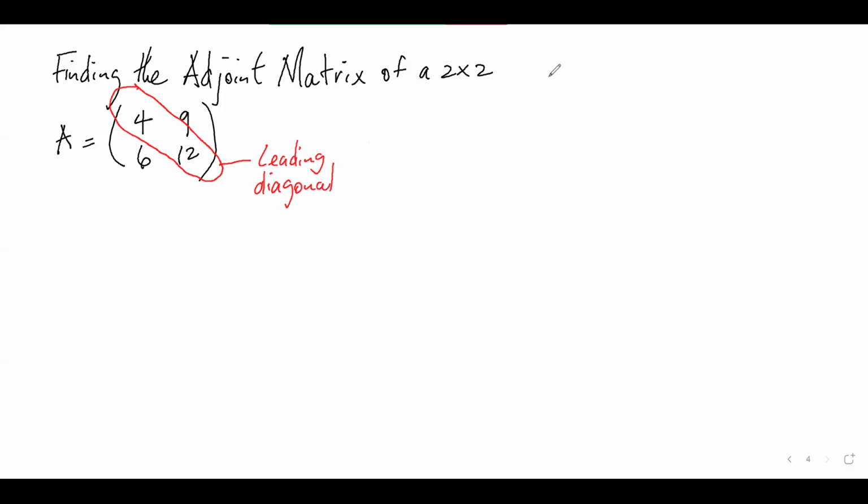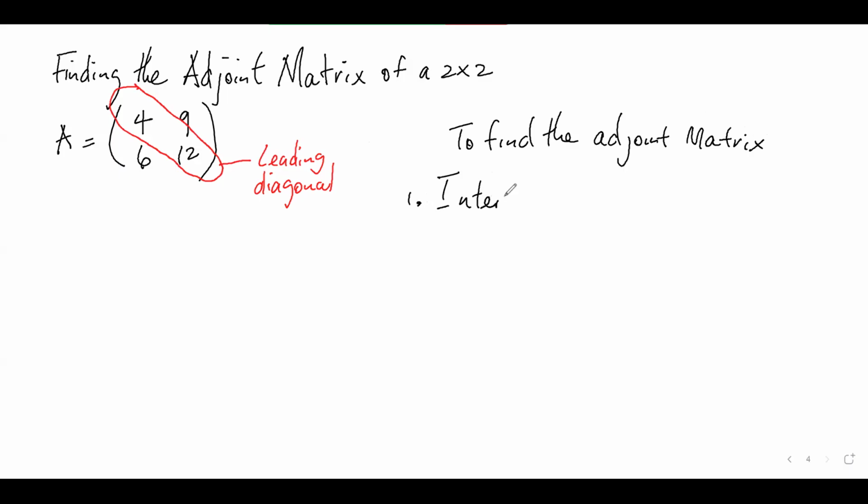To find the adjoint matrix, two steps. 1, interchange the numbers or elements.